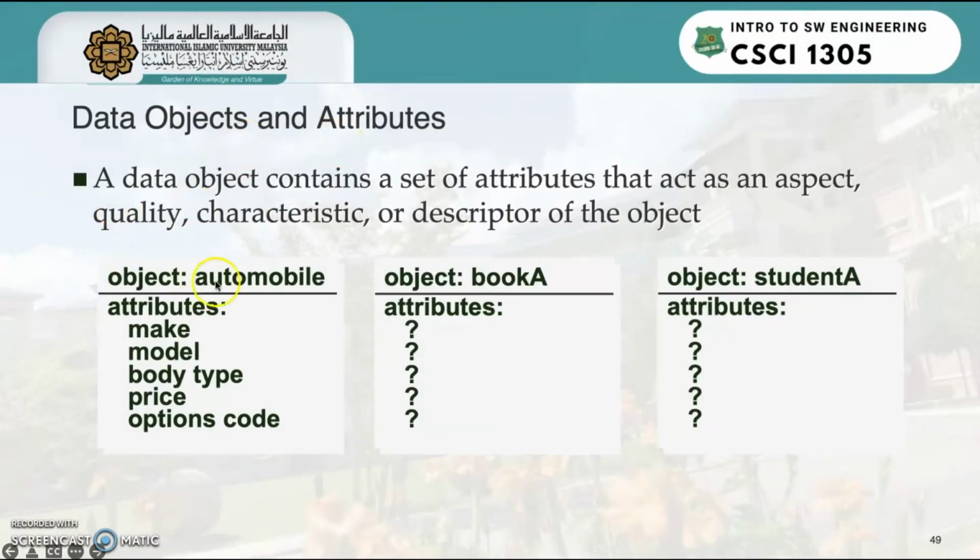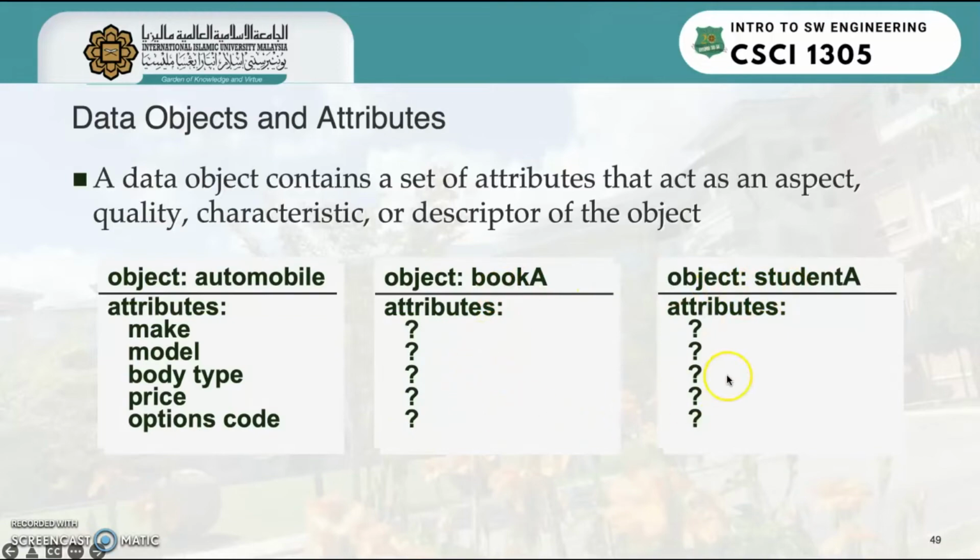So for data objects, when I say objects, it's not a class. It represents a set of attributes. For example, let's say an automobile. What are the attributes that are relevant for you to abstract in relation to your solution? Perhaps make, model, body type, price, and some options. What about if you're talking about a specific book or specific students?